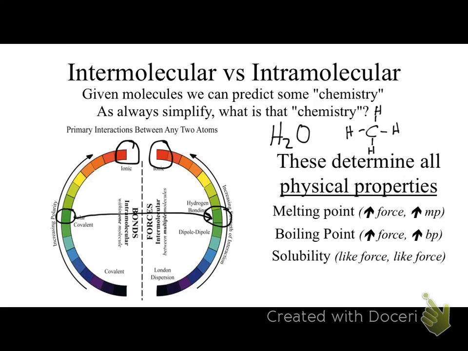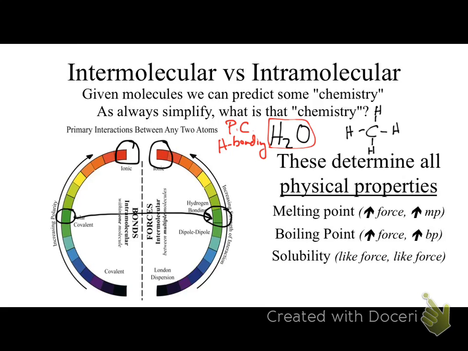What type of intermolecular force does water have? Okay, so you answered the question I've been asking earlier today. What type of bonds does water have? Polar covalent. What type of force? We get hydrogen bonding, which is a dipole-dipole.